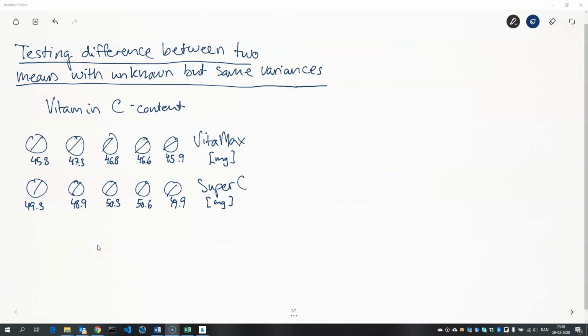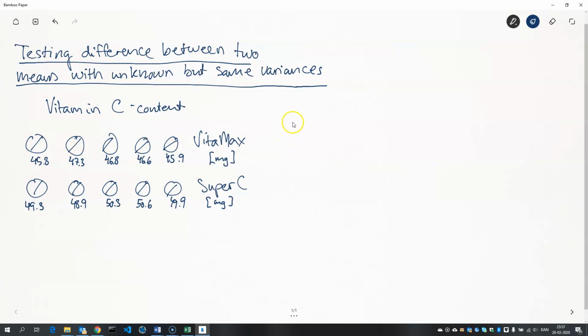In this video, we want to test the difference between two means, two population means. In this case, we're dealing with vitamin C pills, tablets.